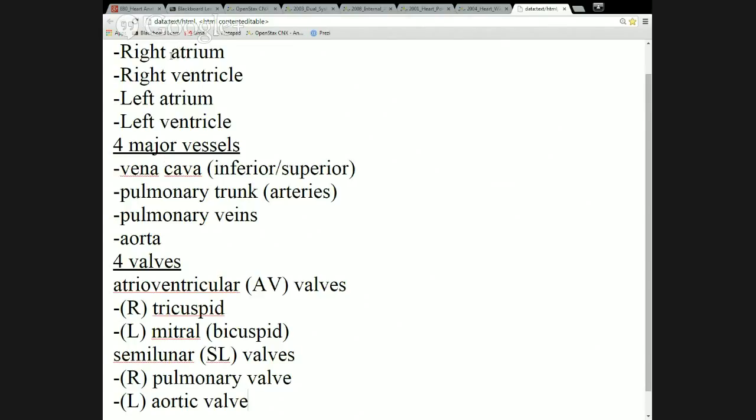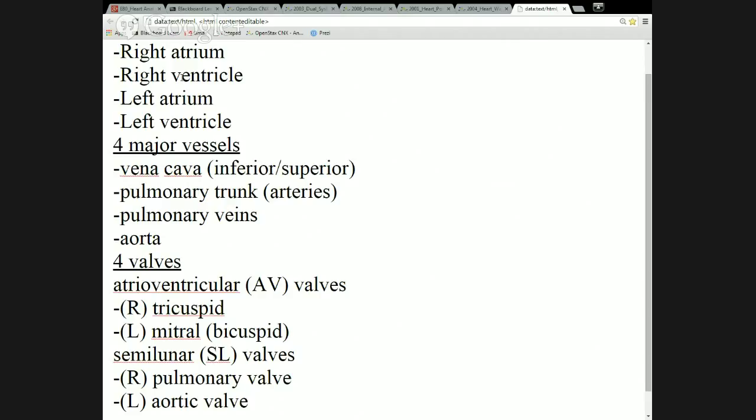And then the right atrioventricular valve, the tricuspid valve, is between the right atrium and the right ventricle. The point of a valve is to make sure that blood moves in one direction only. So this ensures that blood goes from the atrium into the ventricle and not the other way around. There are conditions where valves don't do their jobs properly, but ideally that's how they work.